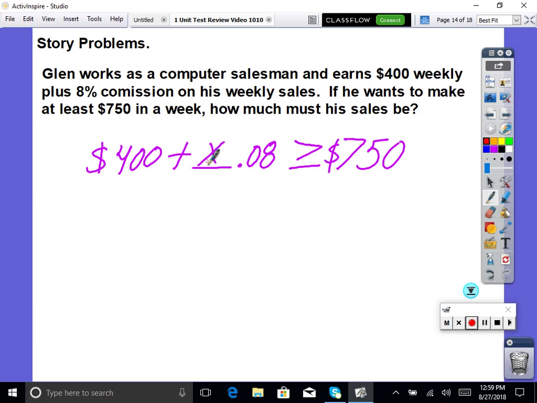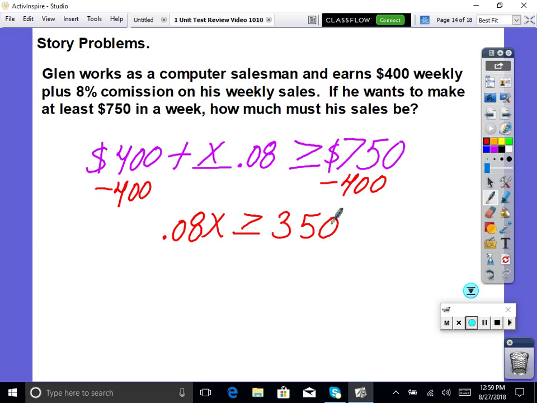So solve for x now. Subtract 400, subtract 400. So now we have 0.08x, because multiplication can be reordered, is greater than or equal to 350. And then you'll divide by 0.08, divide by 0.08. So you'll take your calculator, you'll have 350 divided by 0.08.